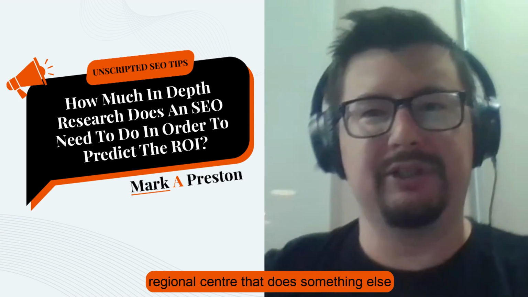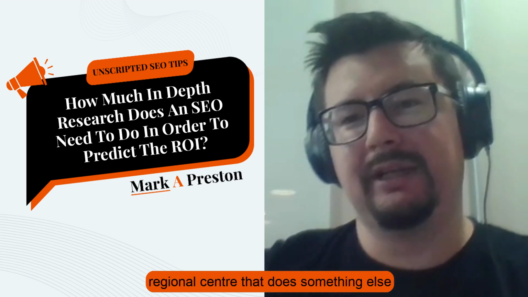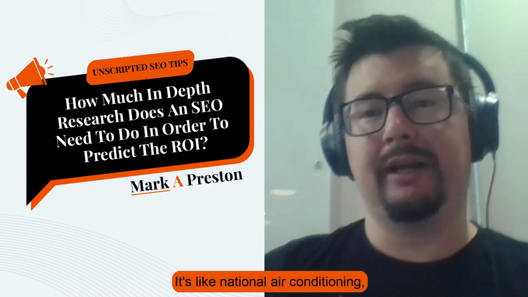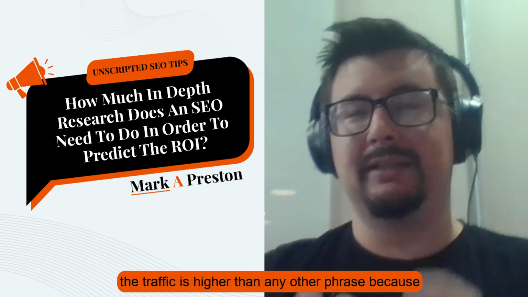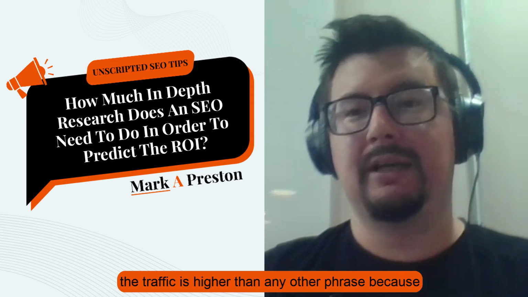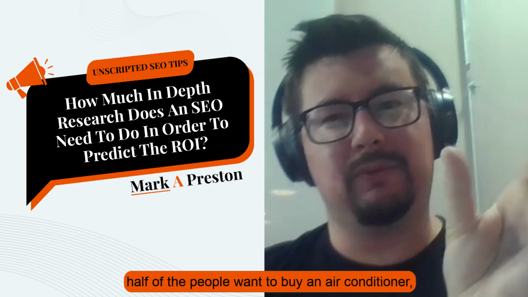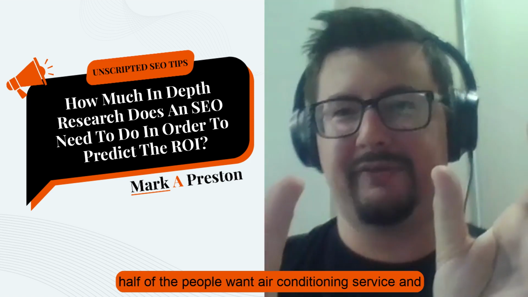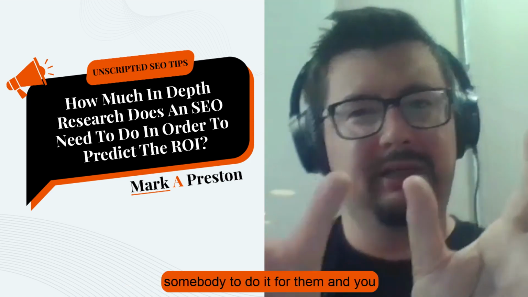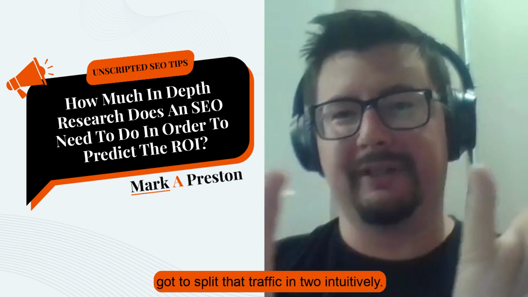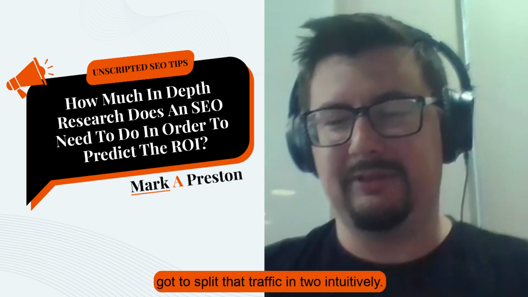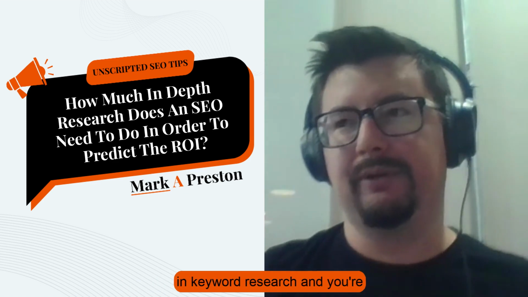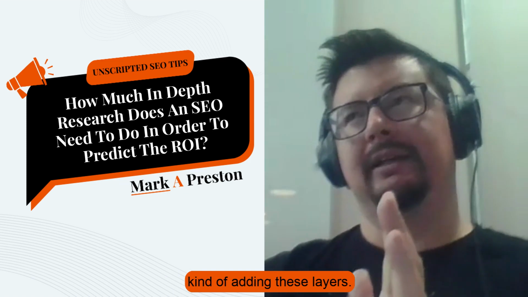Or there's a regional center that does something else that also has that name, and you're splitting the traffic between the two. It's like national air conditioning. The traffic is higher than any other phrase because half of the people want to buy an air conditioner, half of the people want air conditioning service and somebody to do it for them. And you got to split that traffic in two intuitively.